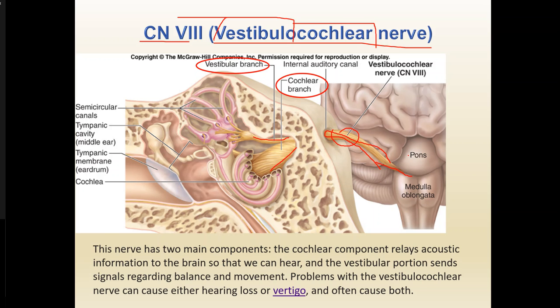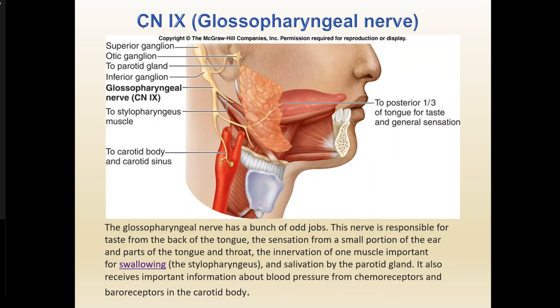Okay, so CN9 is the glossopharyngeal nerve, and the glossopharyngeal nerve has some kind of odd jobs.